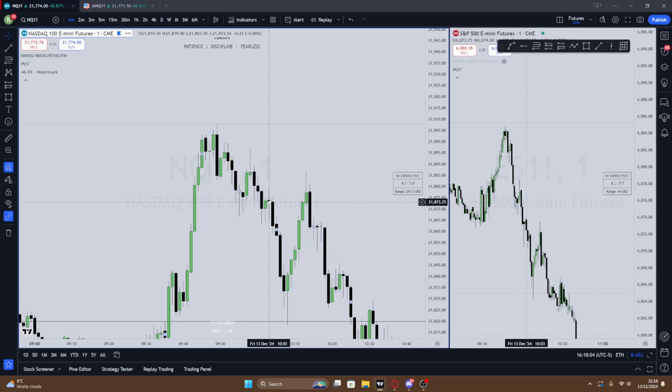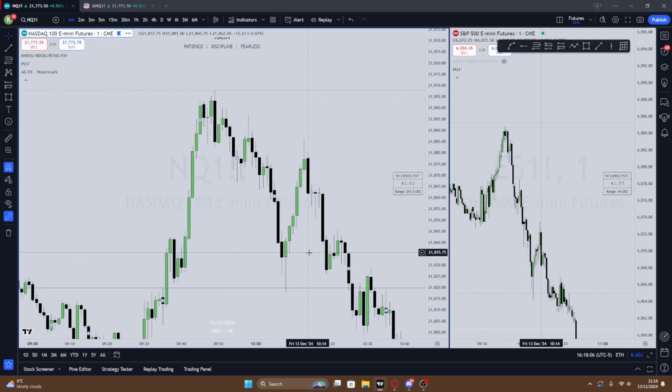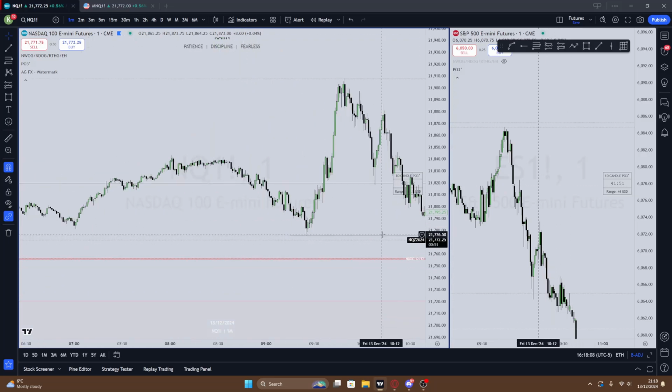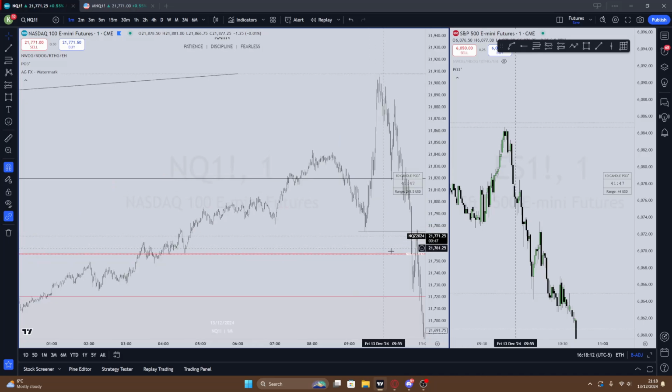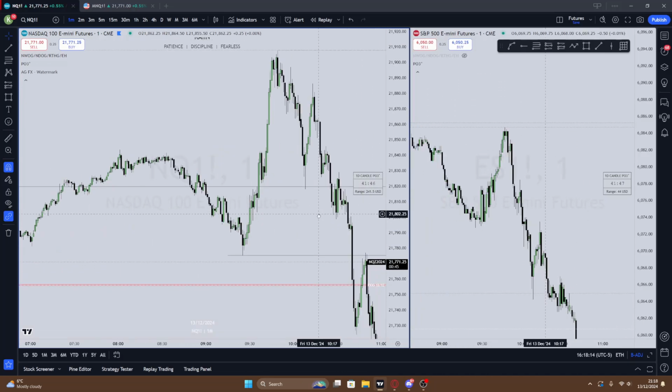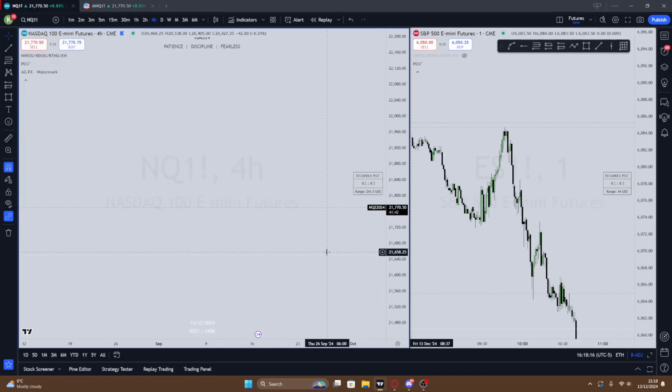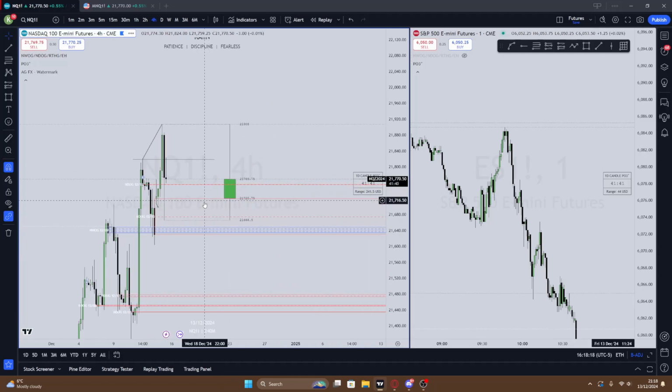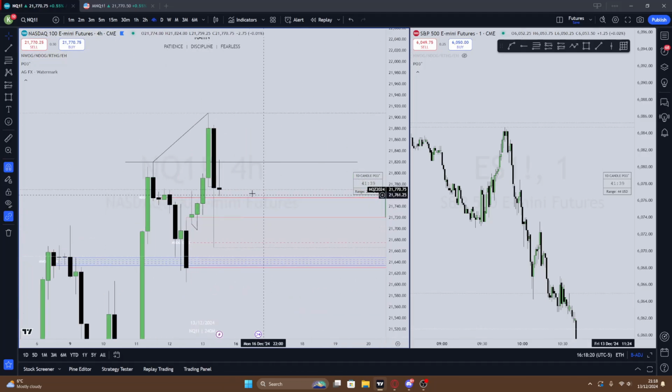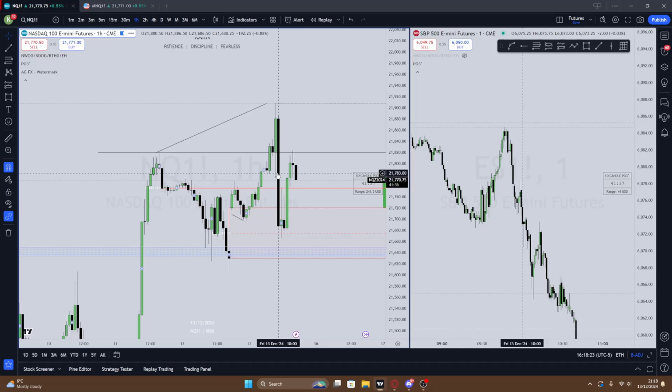I think I would have waited for this 4 hour to close. To be fair, there wasn't really any reason why the 4 hour should have closed. I think I was waiting for this 1 hour to close, not the 4 hour, my bad.